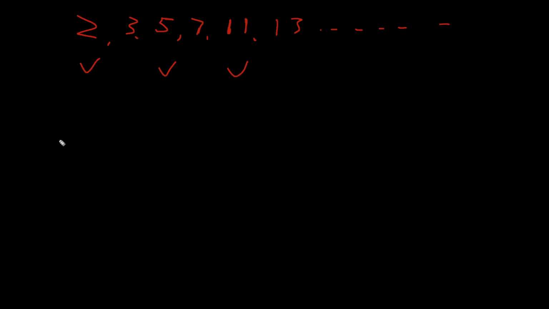When we try to pick up the current number, we need to know that the current number does not contain any of the previously used prime numbers. So if the current number is 10, then definitely this is not a candidate, because 10 has 2 and 5.